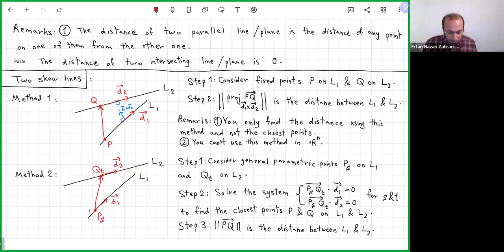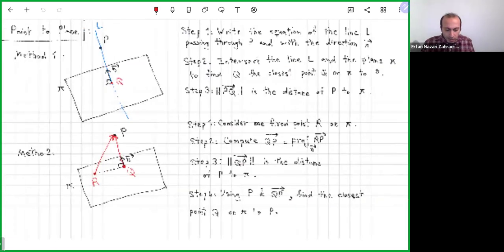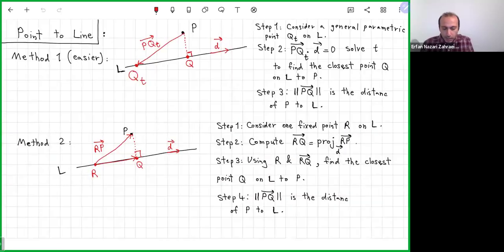Two points that involve a parameter, basically general points. A general point on L1, a general point on L2. Let's call the parameter on L1 s, and the parameter on L2 t. So you have P(s) and Q(t). Then consider the vector connecting these.